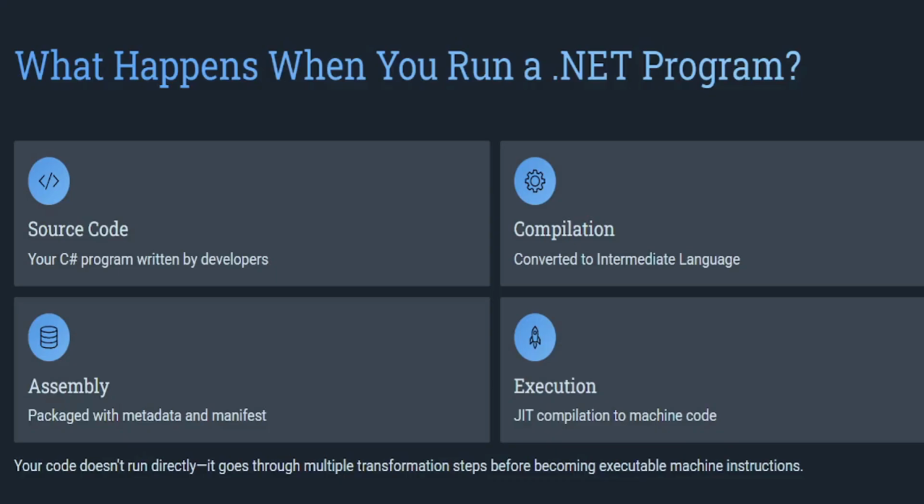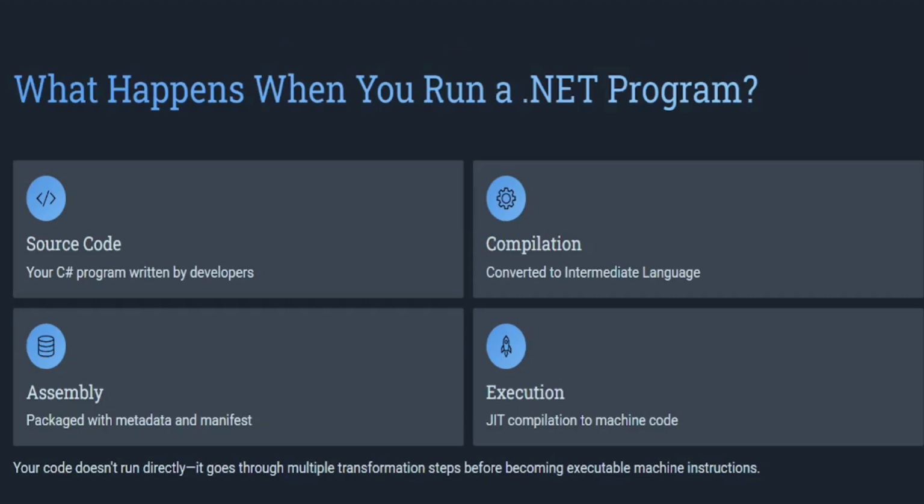And finally, during execution, this IL code is converted into machine code using JIT compilation and then the program runs. So even though it looks like the program runs directly, internally it goes through these steps before producing the output. In the next slides, we'll understand each of these steps in more detail.